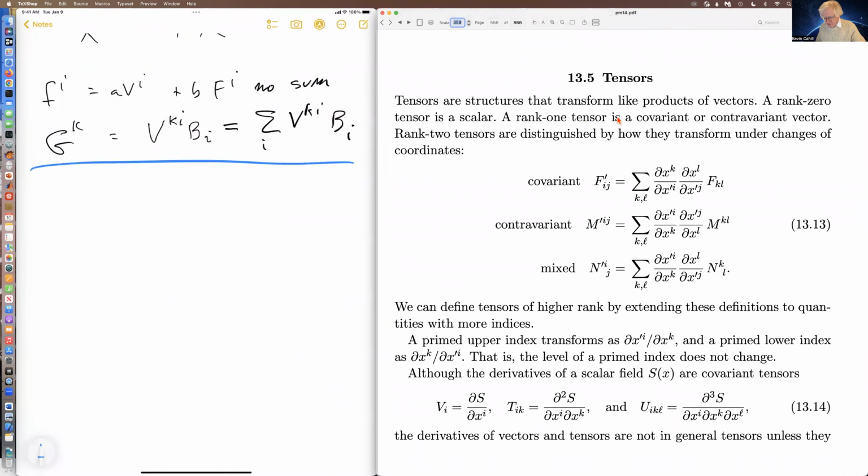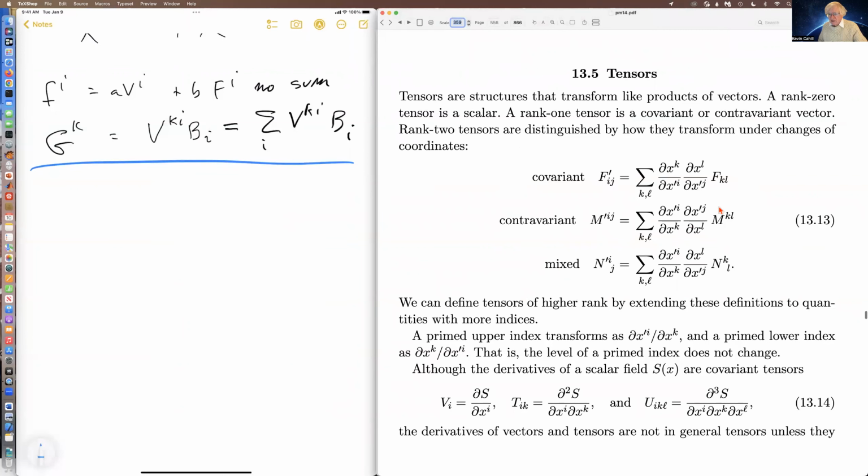So as I said, tensors are things that transform simply under general coordinate transformations, and the special tensors are, of course, the scalars and the vectors, but more generally, they're things that have several indices and transform like this, for example. You can have a rank 2 covariant tensor. It would have two primed indices, and since they're downstairs, they stay downstairs on the right-hand side.